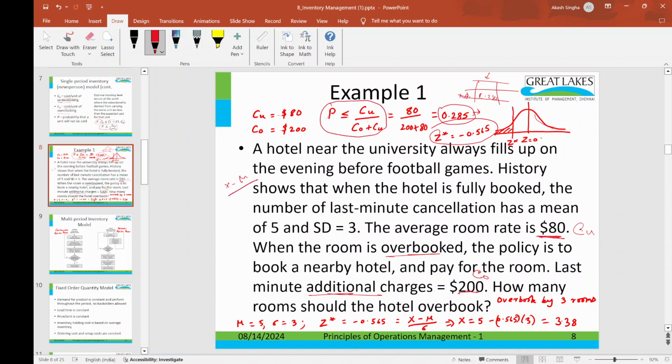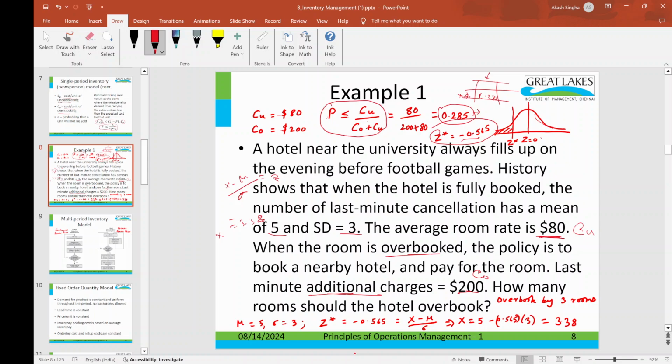This was SMDM term 1, sorry, sigma. And here mu and sigma is given 5 and 3. Just substitute the values. This equals to Z value, what we calculated, and you will get the X value. Now X value is 3.38. Now we don't need that it should get overbooked and we will incur some loss.